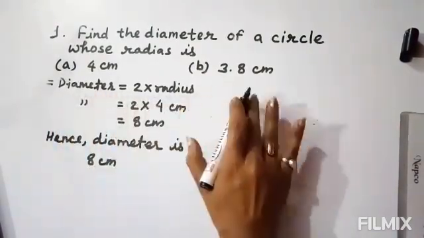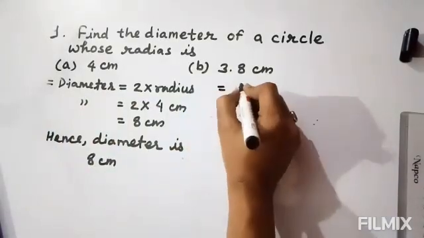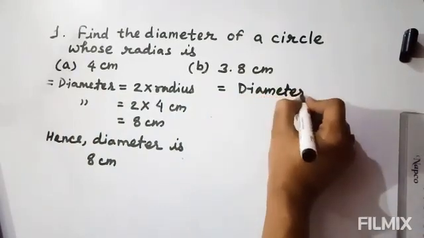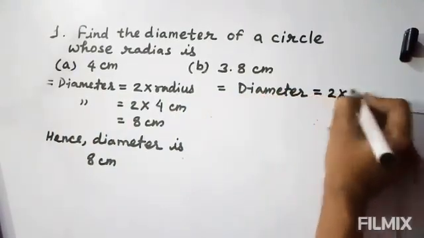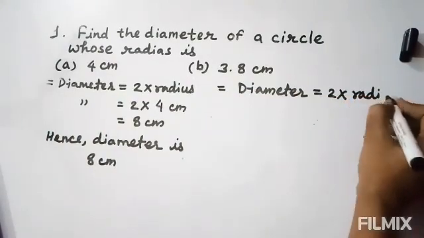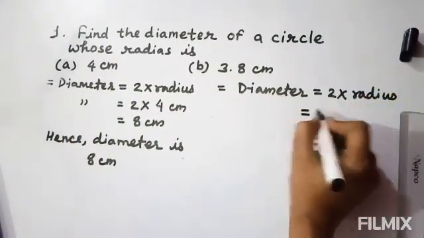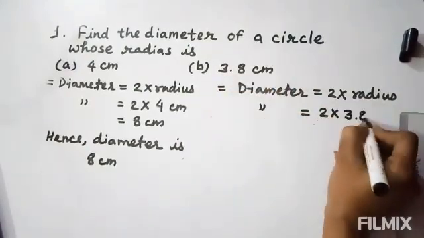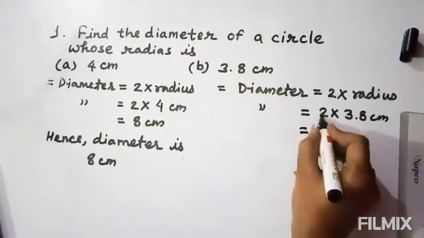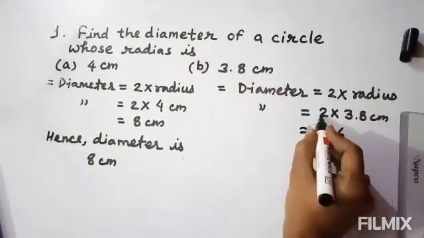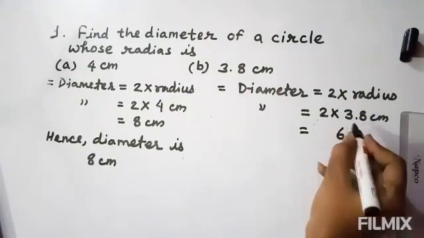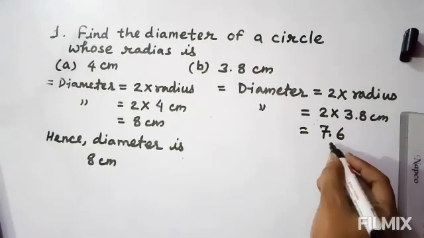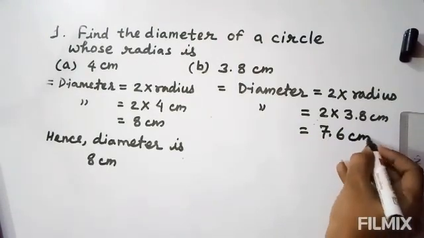We will write the same formula for that also. Diameter is equal to 2 into radius. Put the value of the radius given in the question, 3.8 cm. 2 8s are 16, 1 will be carry, 2 3s are 6. 1 will add to that, 7, and put the decimal place: 7.6 cm.